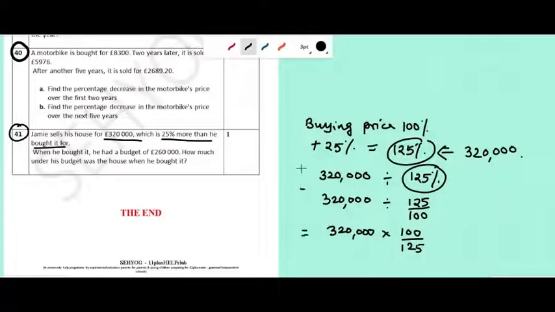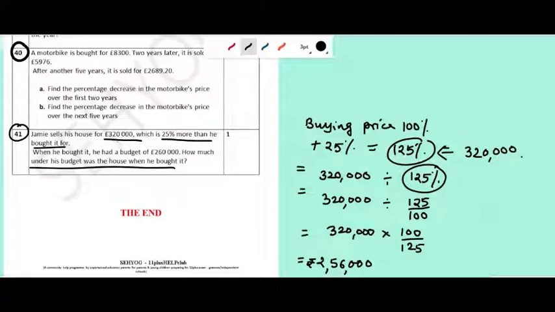So we do this calculation and we get 256,000. So how much under his budget was the house?